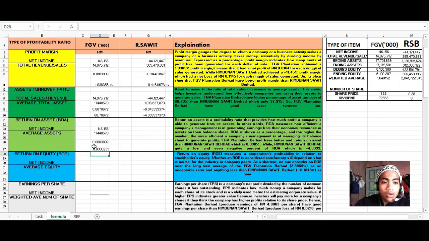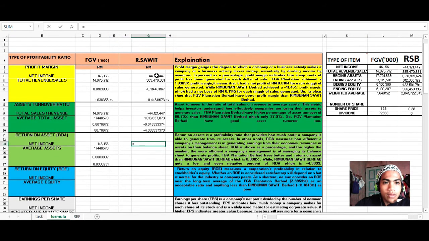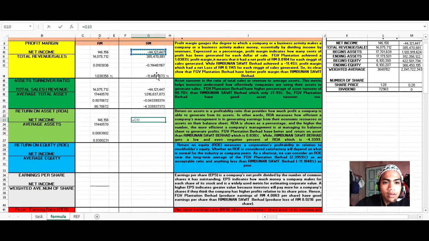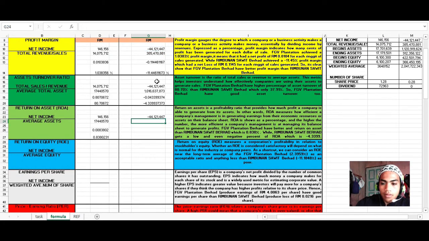So we get 0.83%. For Rimbunan Sawit, we take the negative net income from this, and then divide by average asset. We take it from before, and then we divide it. So we get a negative, times 100. So for Rimbunan Sawit we get negative 4.33.